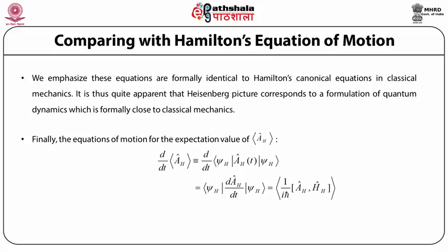That means the expectation value of 1 upon iħ times the commutator of the operator A and the Hamiltonian operator H as defined in the Heisenberg picture.